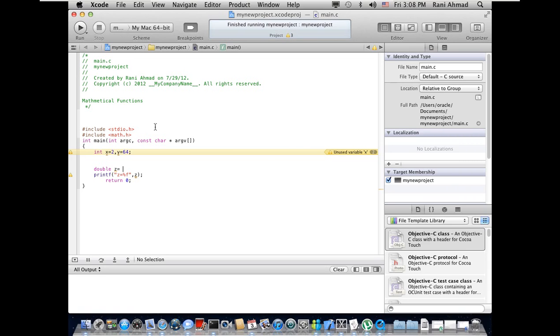In Objective-C we have a header called math.h, and from this header we can retrieve functions like the power, the trigonometric functions like cosine, sine, tangent, cotangent, arcsine and arccosine, and also the floor and the ceiling.